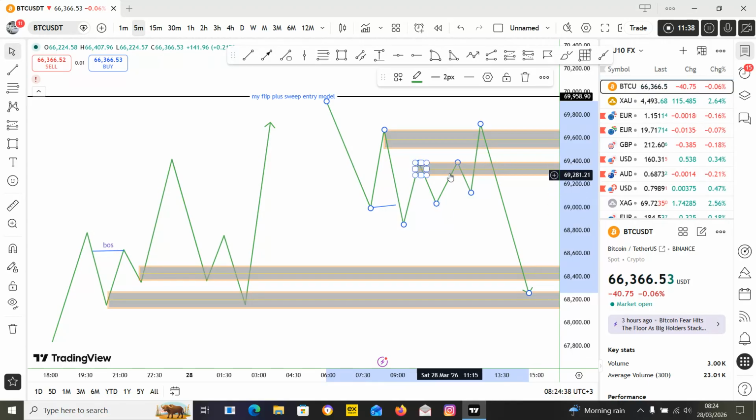It retraced back to this near demand zone and started forming like it's dropping again.